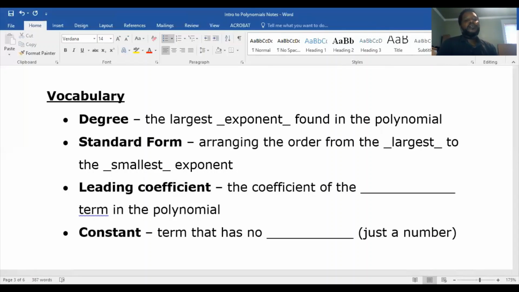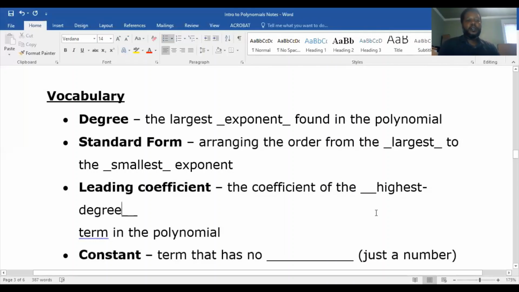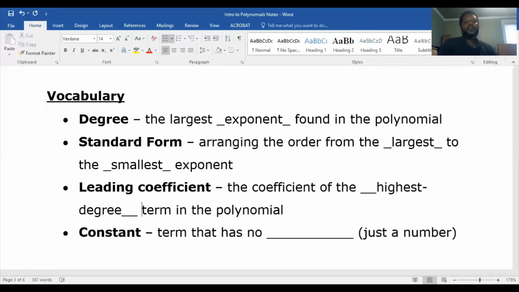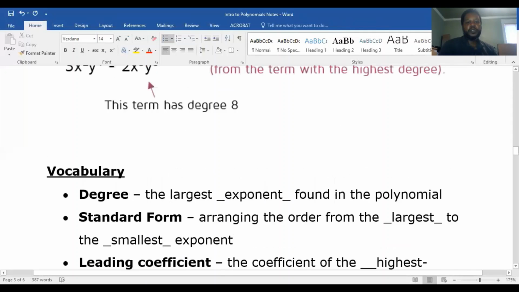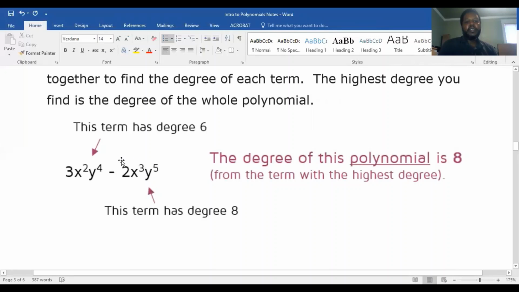All right. And so the leading coefficient we haven't talked about yet, but the leading coefficient is the coefficient of the highest degree term in the polynomial. Okay. So if we go back up to our examples really quickly, we know that this term has the highest degree, right?